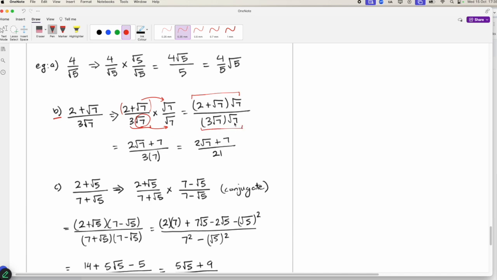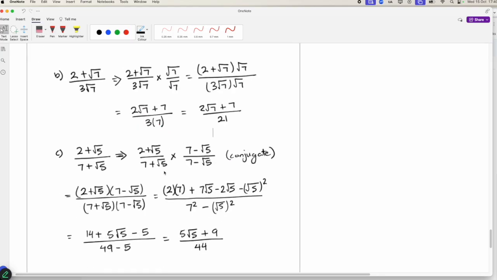Of course, root 7 times root 7, the roots will be gone, you'll just have 7. And here, root 7 times 2 is 2 root 7, and root 7 times root 7 is just 7. So now I have 2 root 7 plus 7 over 21, no longer having an irrational number in my denominator.